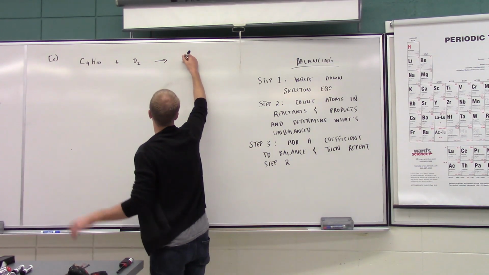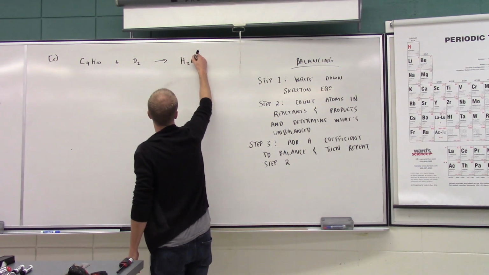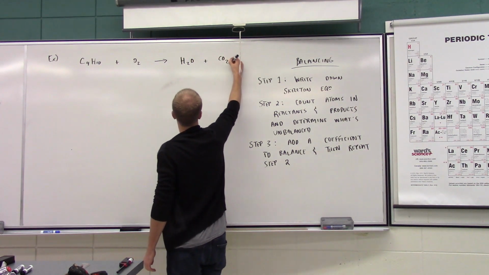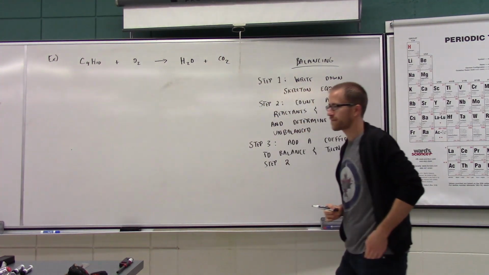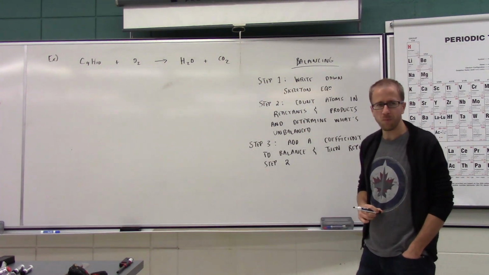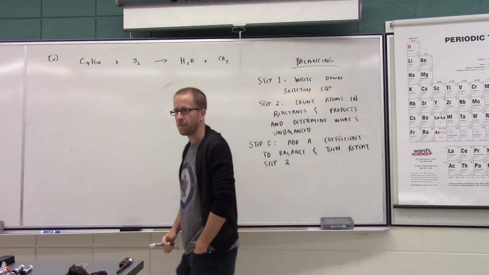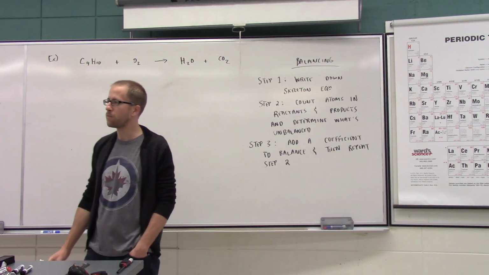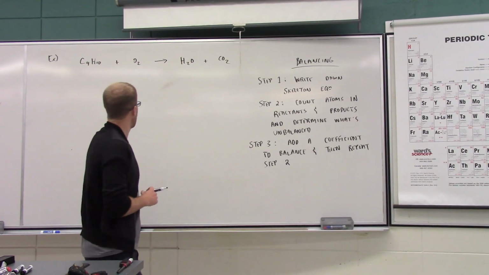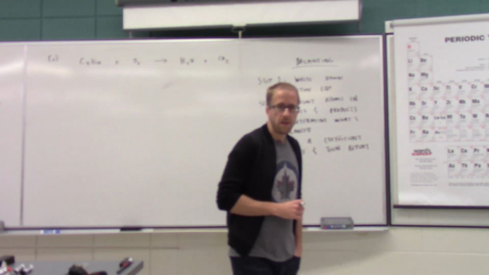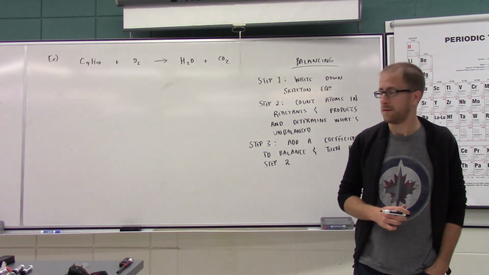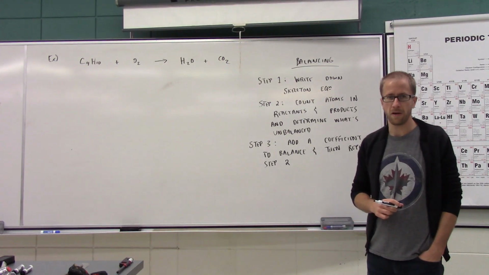It's going to give you fire, of course, but you're going to produce water and carbon dioxide as your 2 products. Whenever you burn any hydrocarbon or any fossil fuel, you're going to be producing CO2 and H2O. Now, this one here is a little trickier because there's a lot of things that are unbalanced.